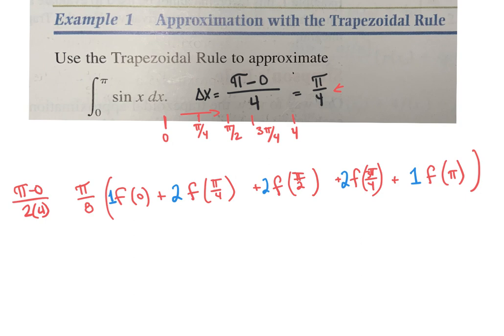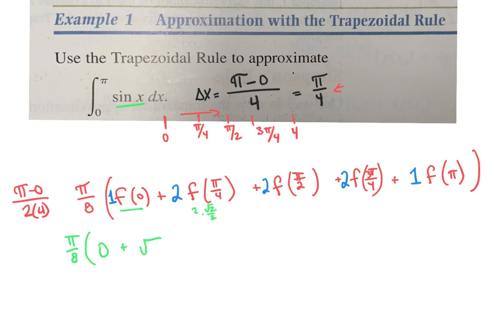For this one, I am going to take the actual function and plug it in. So I'm going to keep my pi over 8 out here. So you don't integrate at all. So f of 0, well, sine of 0 is 0 times 1 is just 0. Sine of pi over 4 is square root of 2 over 2 times this 2.